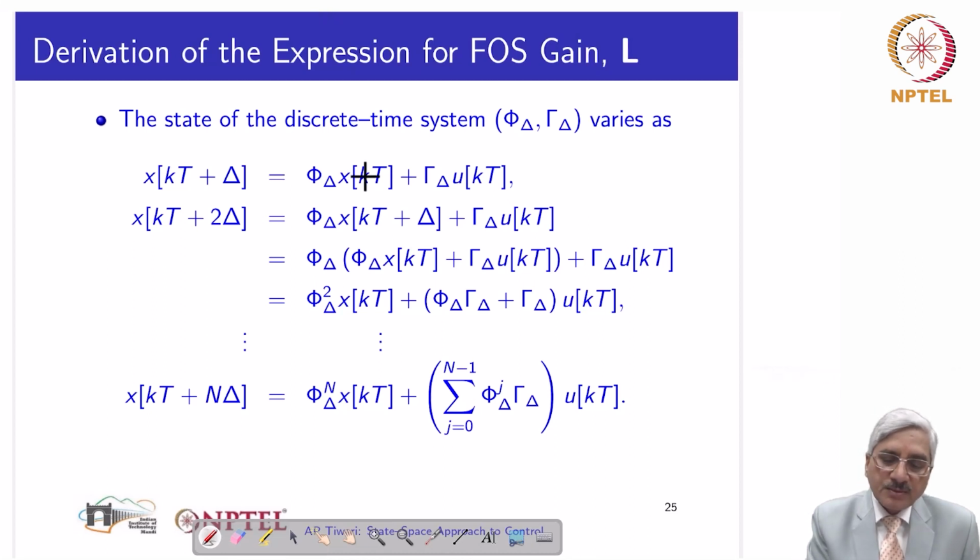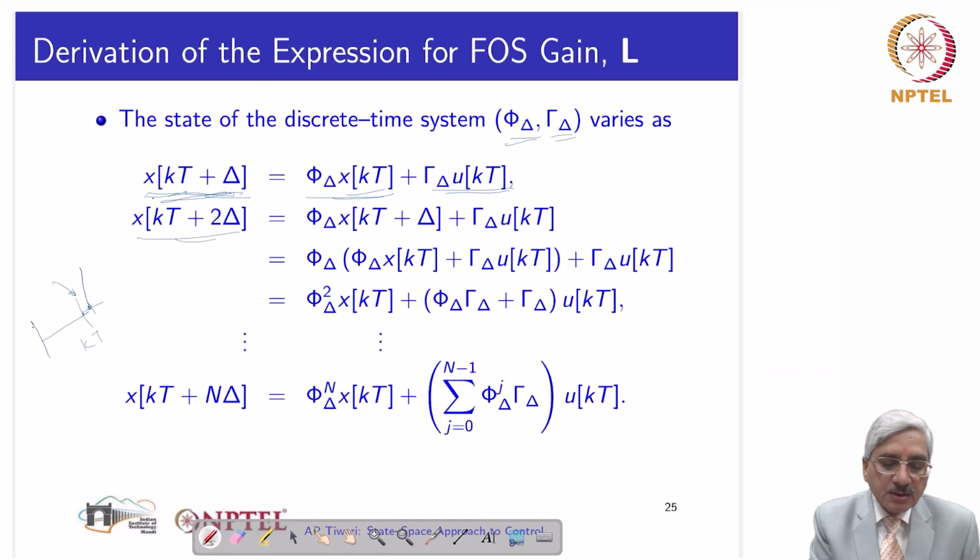So we have the system sampled at the rate, with φ_δ and Γ_δ. For this, consider the state one sub-interval after the sampling instant kT, x(kT+δ). So this is kT, and we are considering the value of x at kT+δ. At that time x is given by φ_δ x(kT) plus Γ_δ u(kT), the input which was applied here.